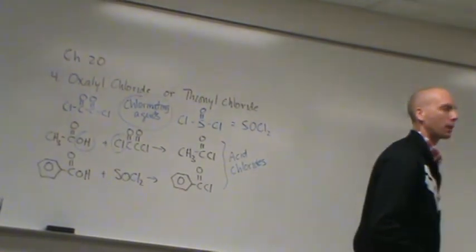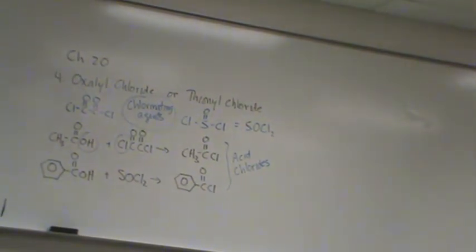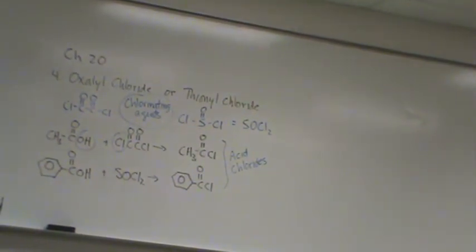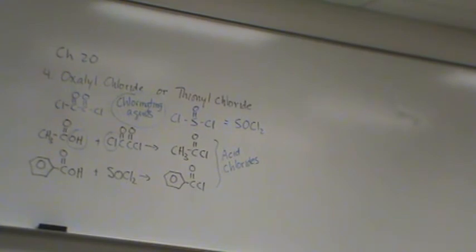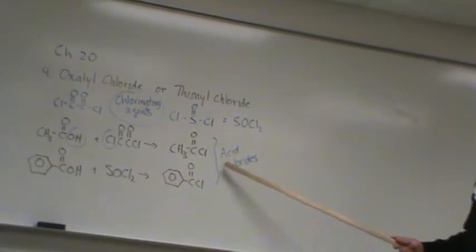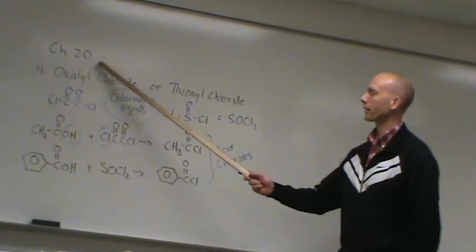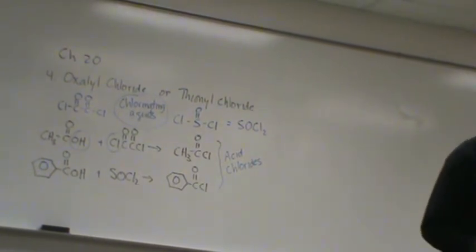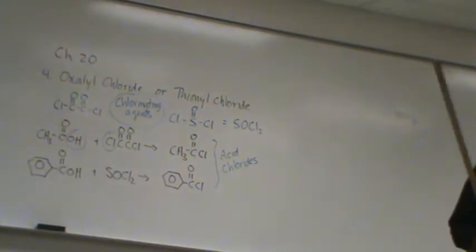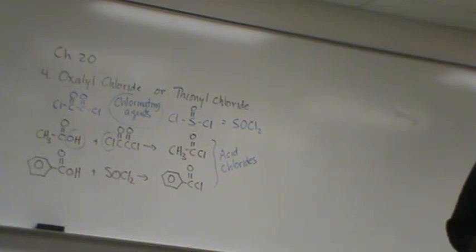Any questions on how to make acid chlorides? Okay, so this is the main way to make them. And what this does here is it opens the door to our next chapter, chapter 21. So chapter 20 was pretty short. We only covered it in a couple of lectures.